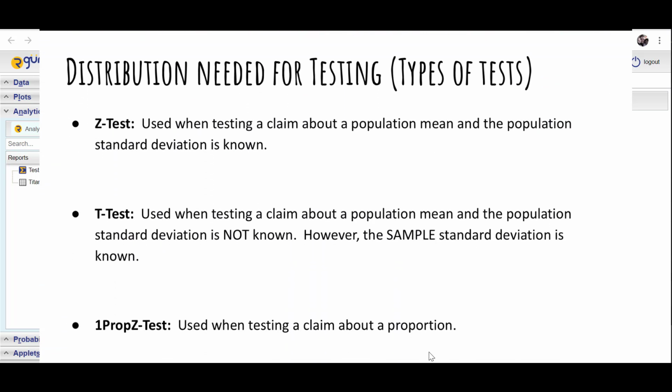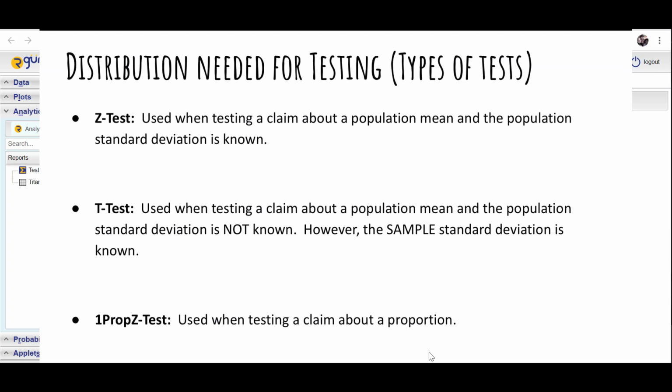All right, so let's talk about the 3 types of tests that we're going to be doing in this section. We have a z-test. This is when you test a claim about a population mean and you know the population standard deviation.